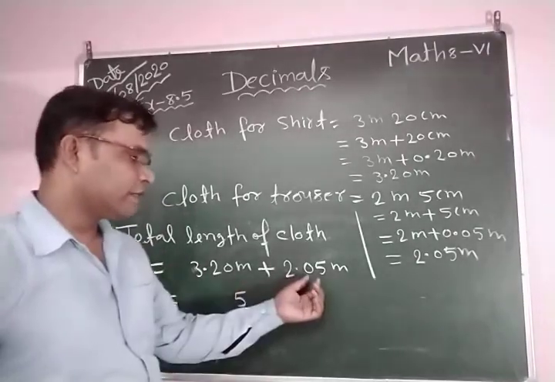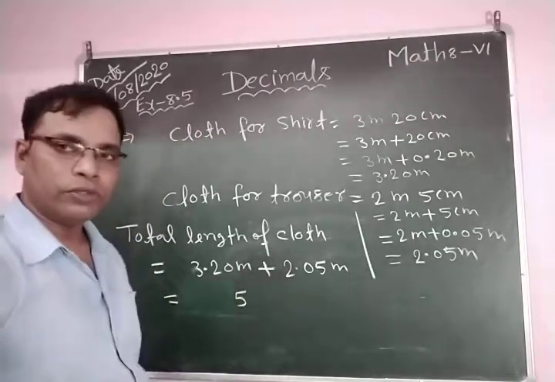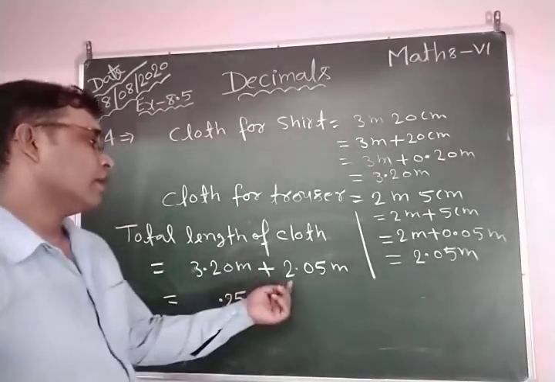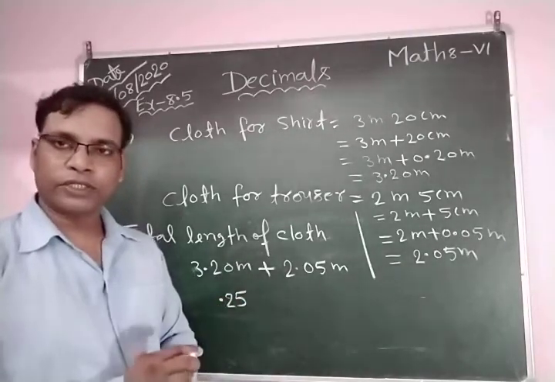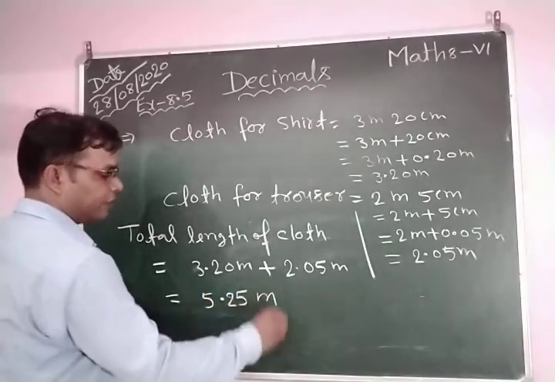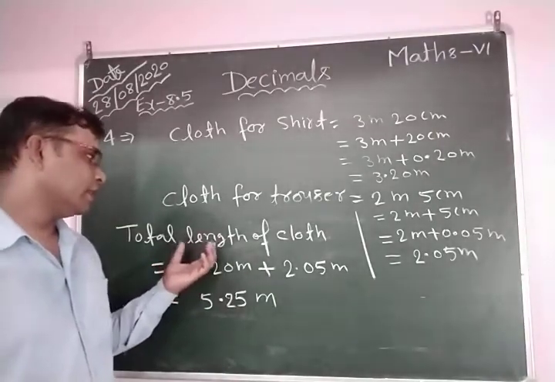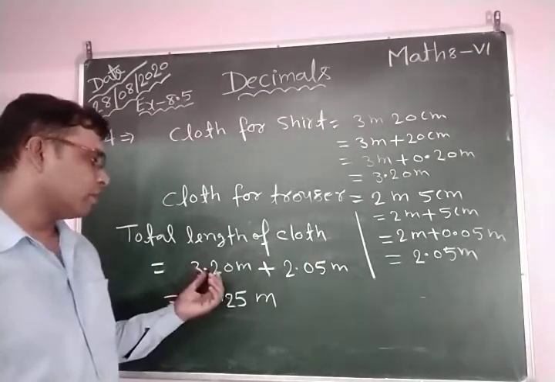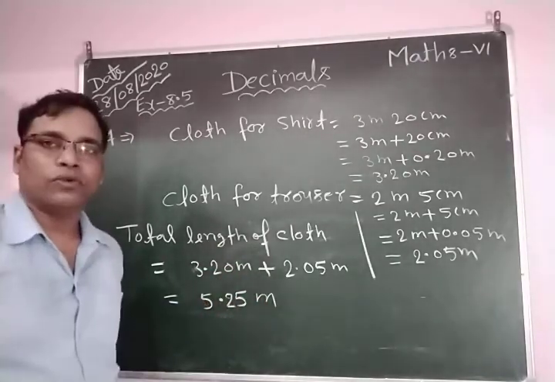The tenth place digit is 0, here the tenth place digit is 2, so 0 plus 2 is equal to 2. And after the decimal, the ones place digit here is 2, and here the ones place digit is 3, so 2 plus 3 is equal to 5. So here you write 5 meter. The total length of the cloth bought by Nasreen is 3.20 plus 2.05, which is equal to 5.25 meters.